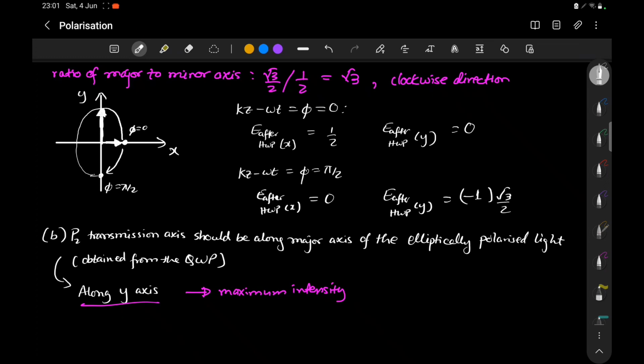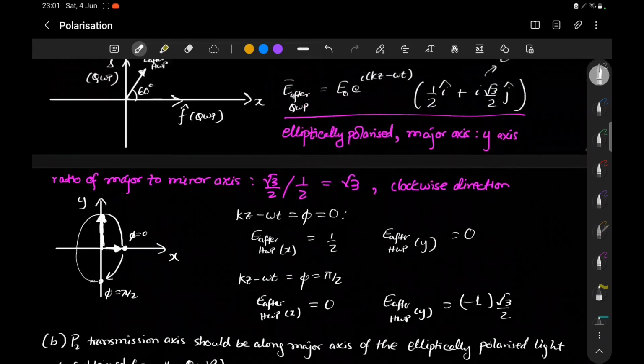So this would lead to smaller amplitude, smaller component, so less intensity being transmitted if we keep the transmission axis along the minor axis. So in order to get maximum intensity, we need to allow the maximum component of the electric field to pass through the polaroid or the polarizer. So for maximum component, it should be along the major axis, and that will lead to maximum intensity output.